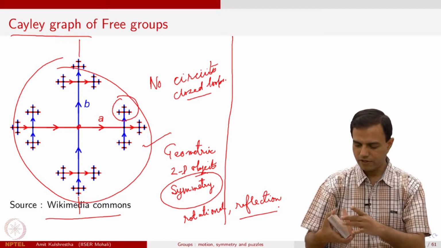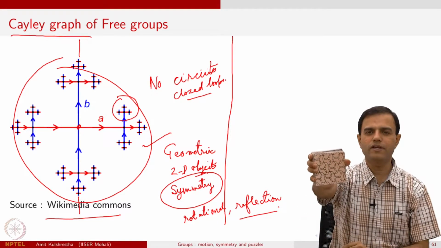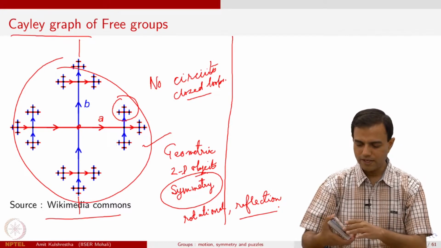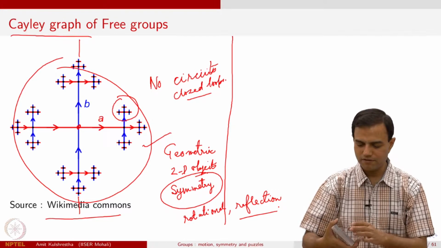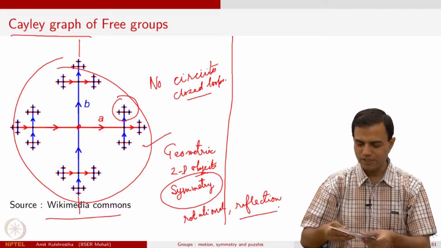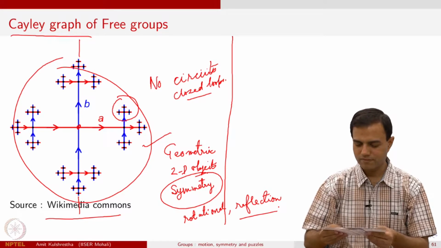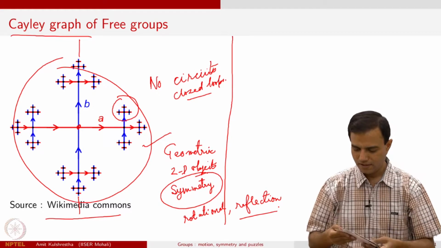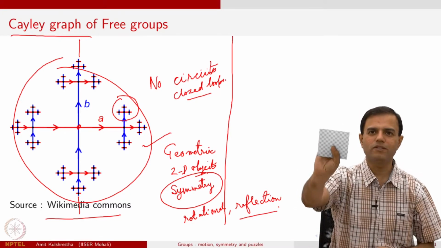They are found all across the world in various monuments. Our own Taj Mahal is a beautiful example of symmetry. See this? There are so many of them. Very simple one.